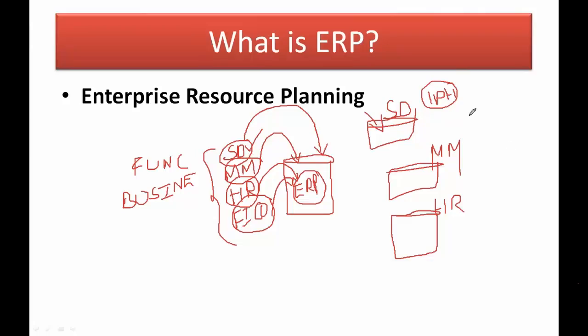Is it clear, guys? Yeah. Where do they check? They check in material management. So you are creating a record in sales and distribution, but you're connecting to check here. What if you don't have proper access here?